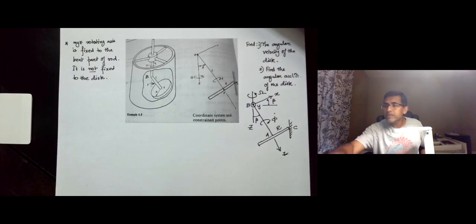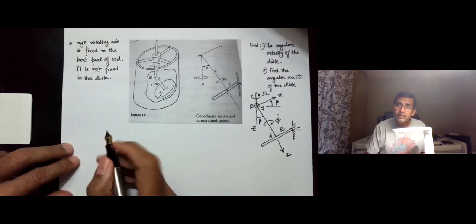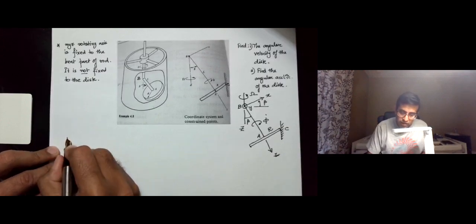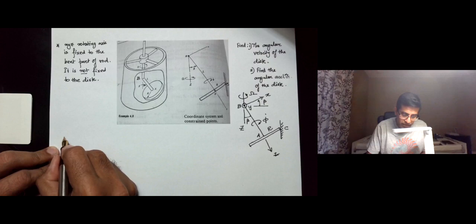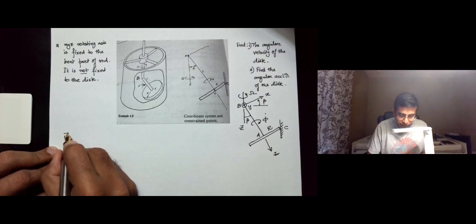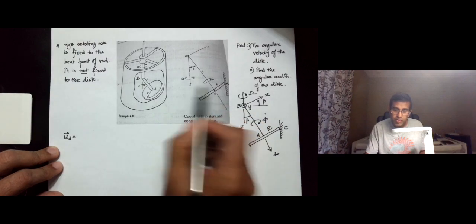All right, so with this understanding, we'll start the problem. We'll indicate the absolute angular velocity of the disk as omega d. So omega d, as we can see, has two different components.